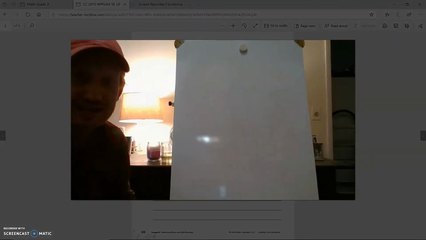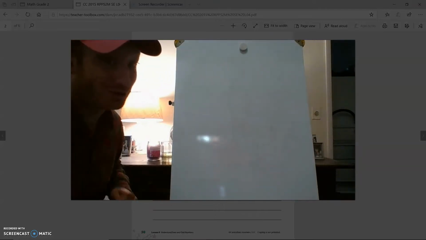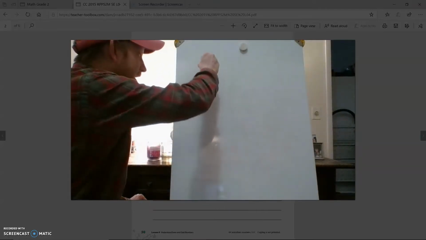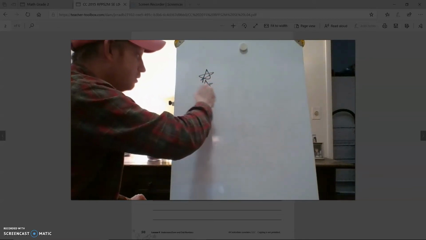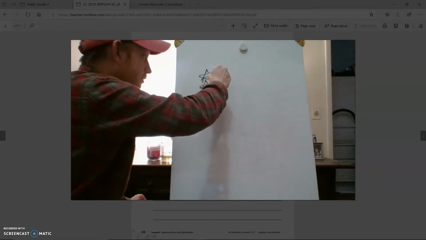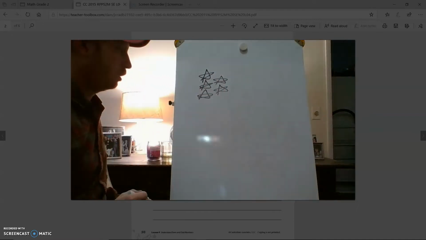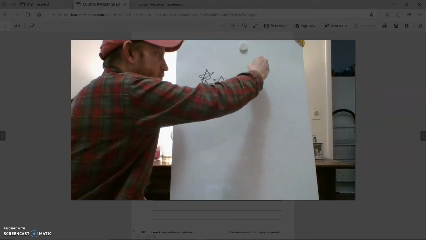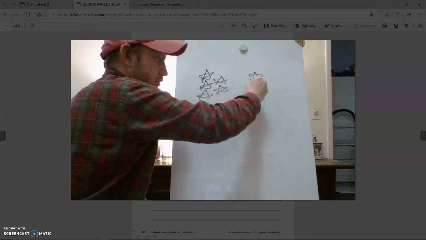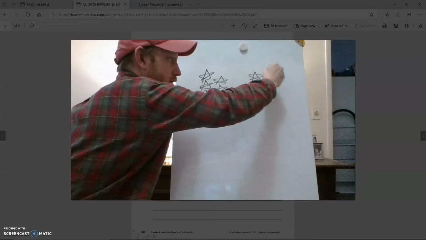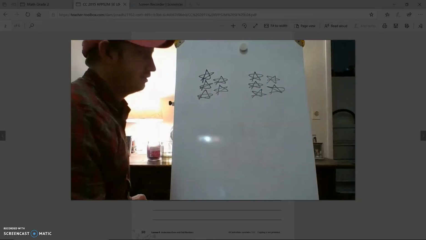I think this time I actually can draw stars. I do have that ability. Not a great drawer, but I can draw stars. So we had 1, 2, 3, 4, 5 in one group, and then on the other group, 1, 2, 3, 4, 5.